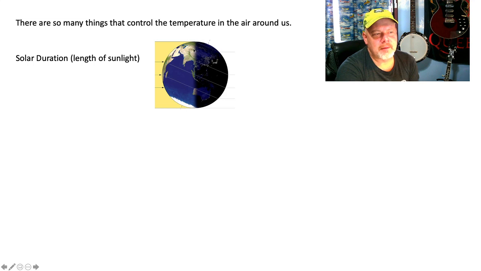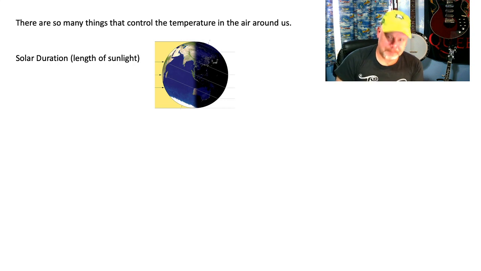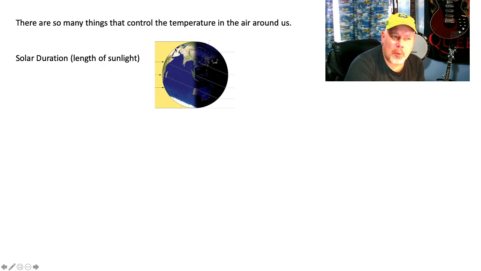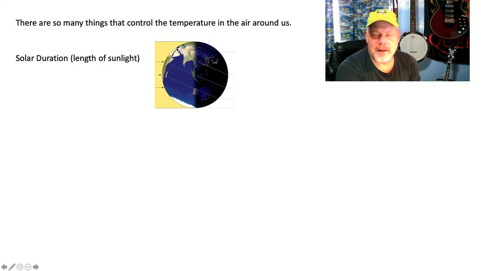If you're in the northern hemisphere, when the Earth is tilted away from the sun, for us, we're going to have short amounts of daylight and long times of night. So, of course, the amount of time that the sun's out is going to help determine how warm the air gets. In the summertime, when we're tilted more towards the sun, we get longer amounts of daylight, and that will determine that we get a little bit warmer. But that's not it. That's not the big thing.